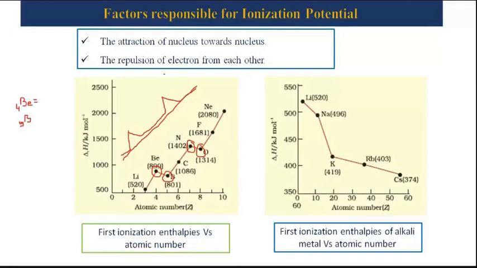So beryllium's electronic configuration will be 1s2 and 2s2. सही है. Now suppose बोरान के बारे में बात करें तो क्या होगा. It will be 1s2, 2s2 and 2p1.